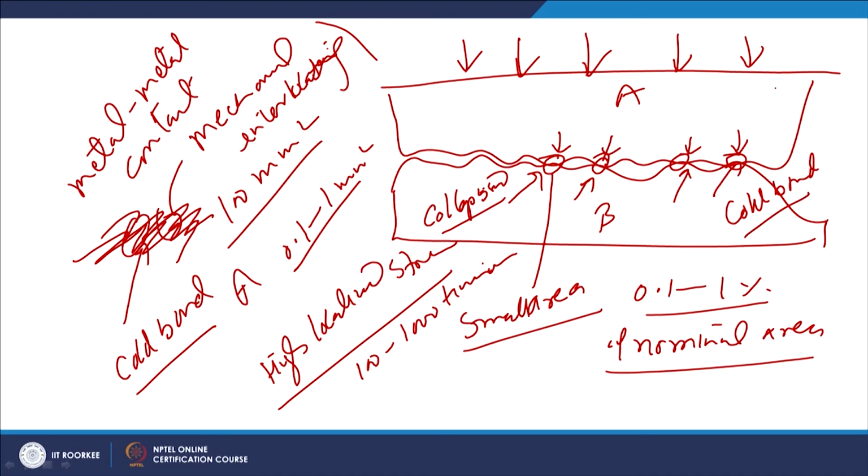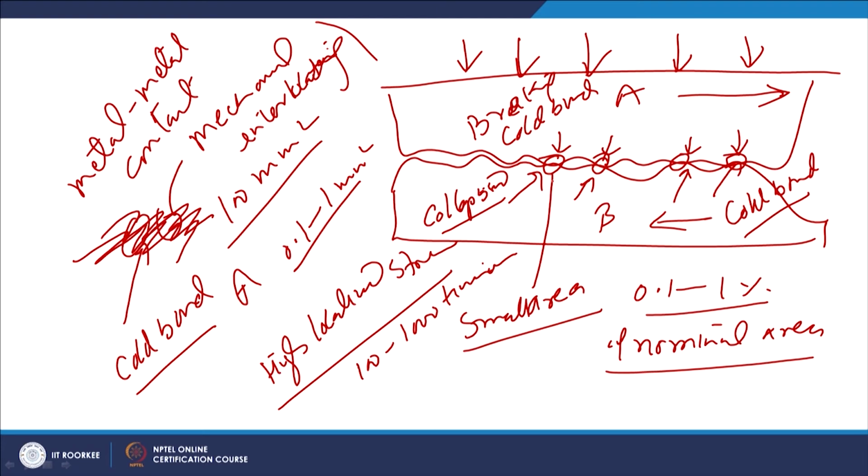Now, for adhesive wear to occur, it is required that there should be a relative movement between the two. But the relative movement can be maintained only by breaking such cold bonds, to maintain the relative movement between the two components.